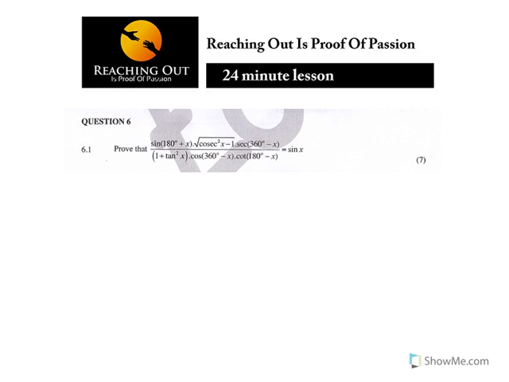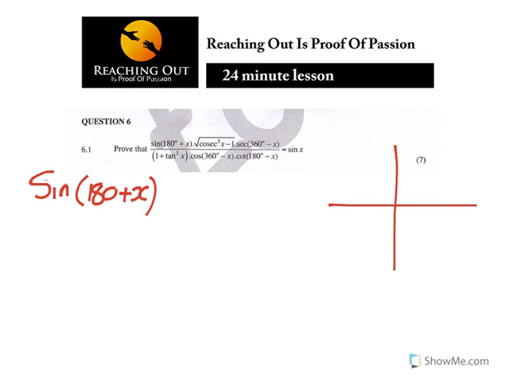So what we have here, we see that you have sine 180 plus x. So when I'm working this, I have on my side my CAST diagram, or All Students Take Chemistry. This is a very important diagram. Here I have got 180.